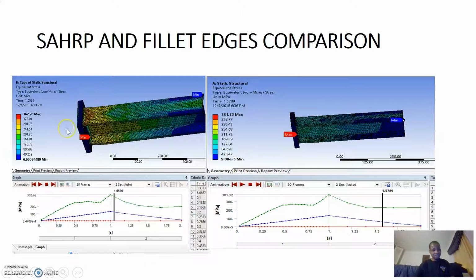The reason is that this square plate adds more edges to the system, and when we have more edges in a system like this, there will be more induced critical stress.